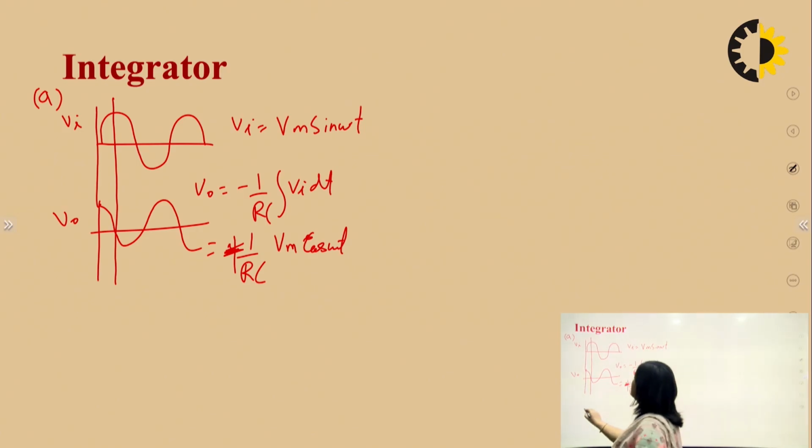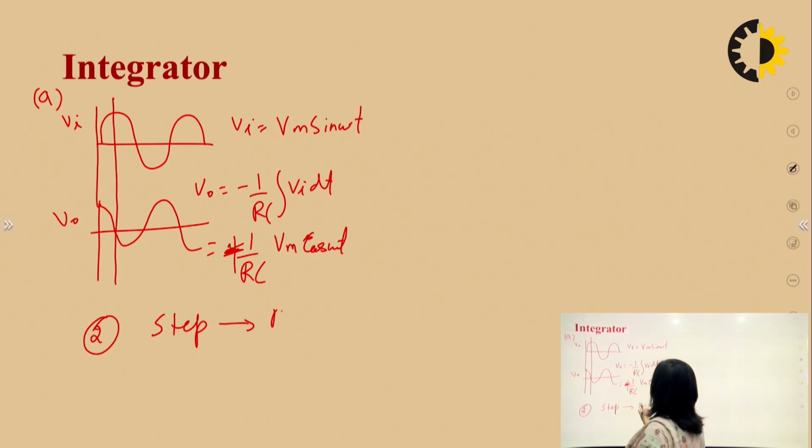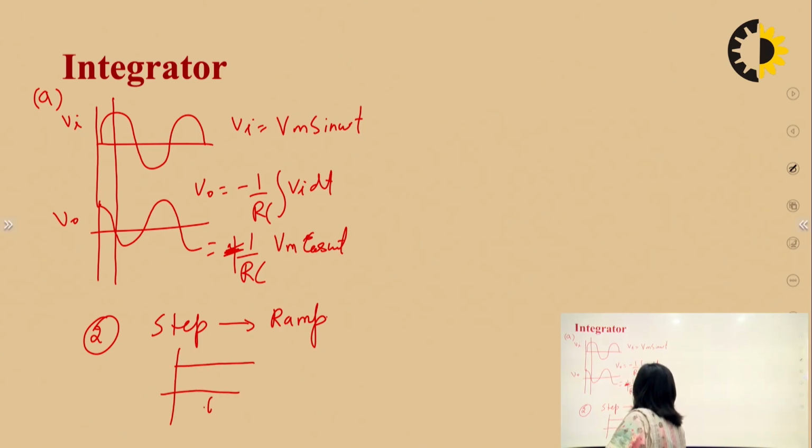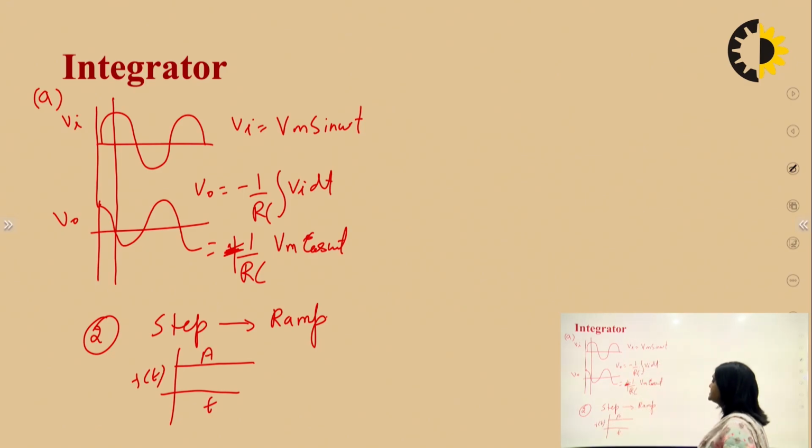And if we give a step signal, the step will be converted into a ramp signal. Like we have a signal in this way. This is t and this is f(t). This will be A. This is a step signal. We can define it as f(t) is equal to A for t greater than 0, and for t less than 0, it is 0.